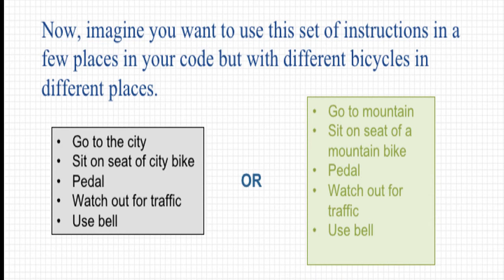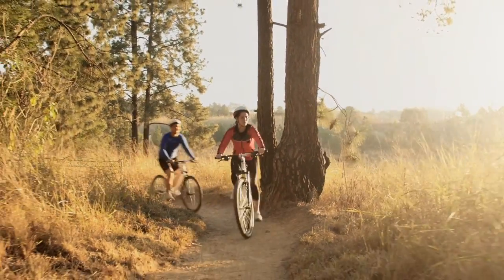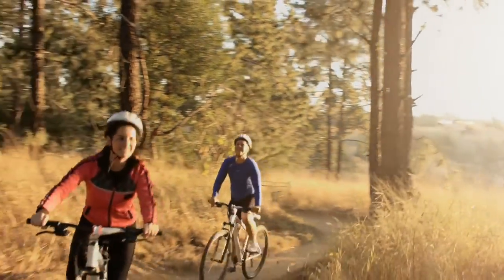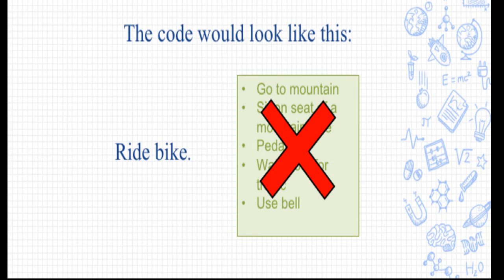Now, imagine you want to use this set of instructions in a few places in your code, but with different bicycles in different locations. Wouldn't it be better to tell the computer once how to ride and then to just use ride as an instruction? The simplified code would look like this: ride bike.